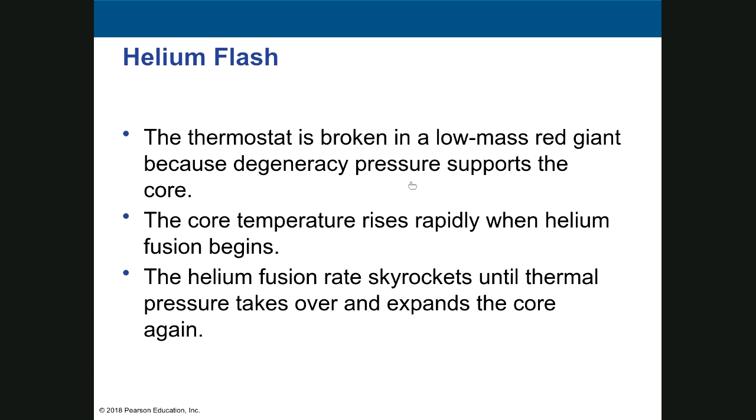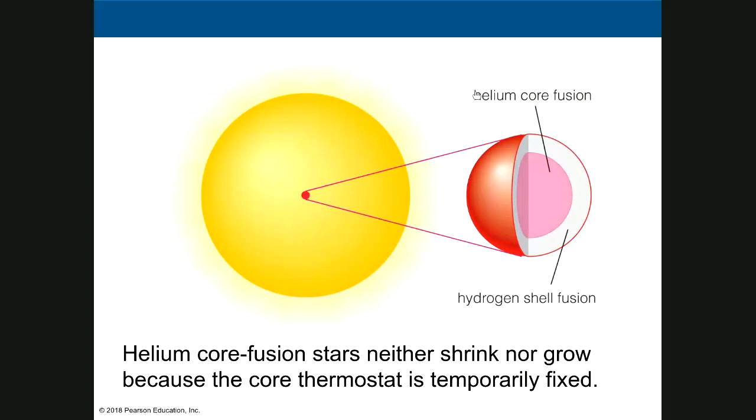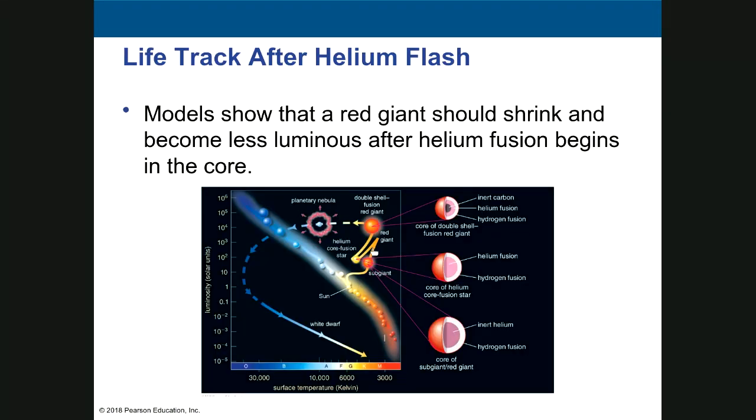Now the core temperature rises rapidly when helium fusion begins, and the helium fusion rate skyrockets until thermal pressure takes over and expands the core again. So basically that helium flash will cause an explosion, right? You'll have this helium core fusion, and this hydrogen shell fusion, this will create a flash, and give you a stable helium-burning star.